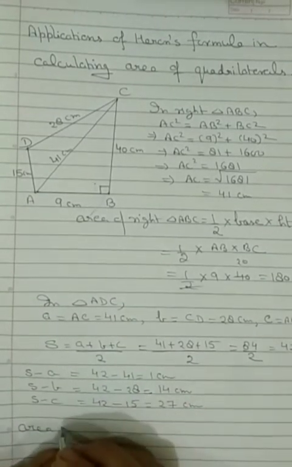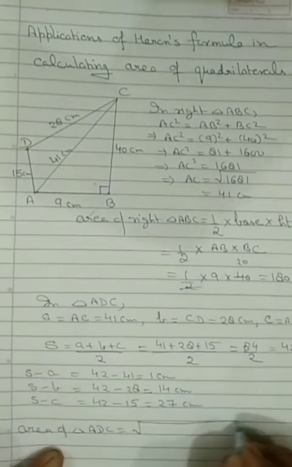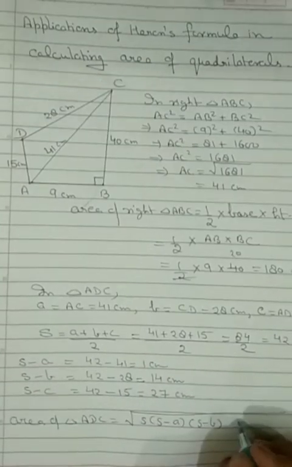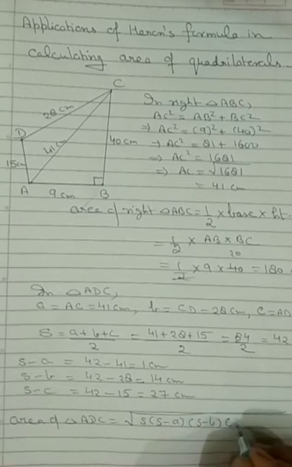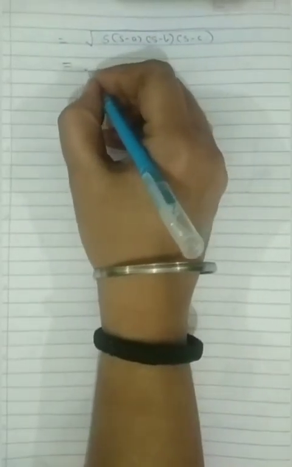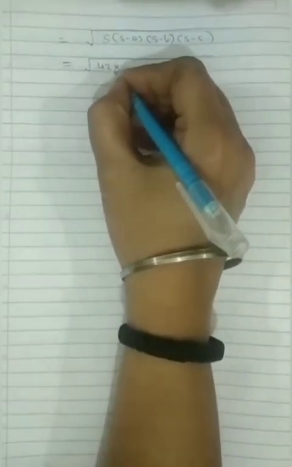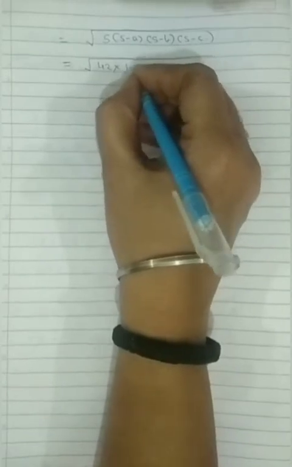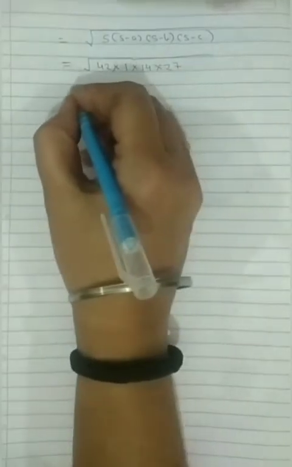Area of triangle ADC will be equal to square root of S into S minus A, S minus B, S minus C. So here S is 42, S minus A we have calculated 1, S minus B 14 and S minus C 27.